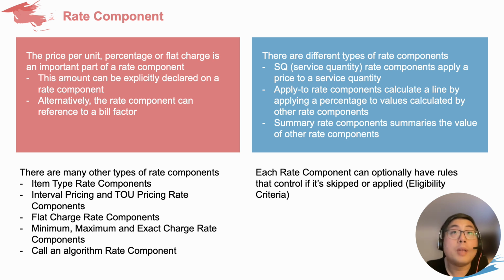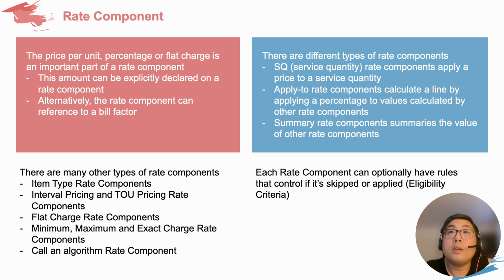But there are other types which I've listed here, like item type rate components, interval pricing, TOU pricing, flat charge rate component, minimum max, exact charge rate, or you can call an algorithm which outputs a value, which is a way to extend the logic if the calculation is quite complicated. Okay, so these are the different rate component types.